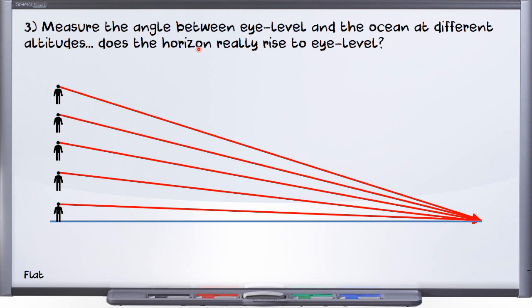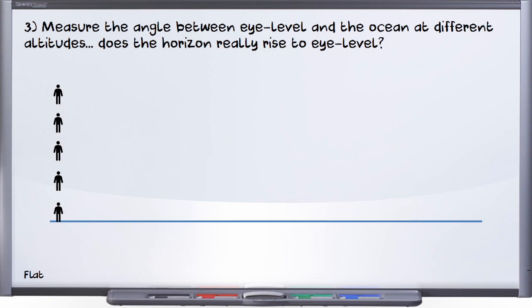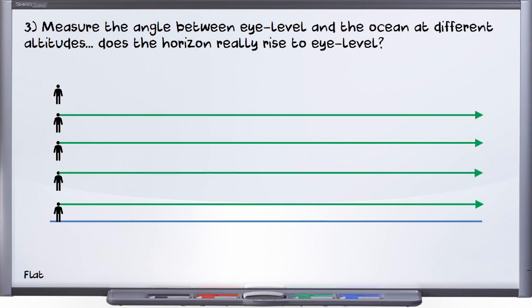If you want the horizon to rise to eye level, you have to imagine that the Earth is effectively infinite, that your view out to the point where the water stops and the sky begins is at infinity, and that will cause your view to be at eye level at any altitude. So go out and measure it and see if that's what you get.